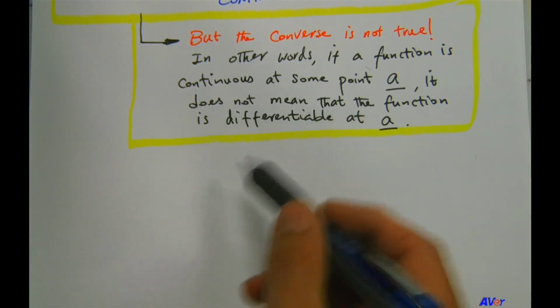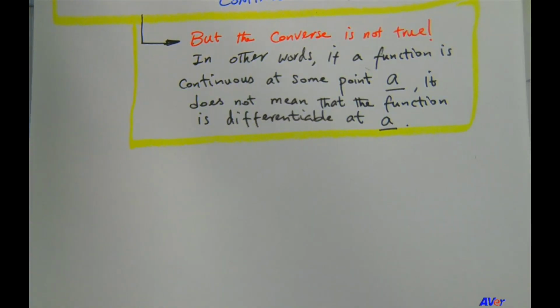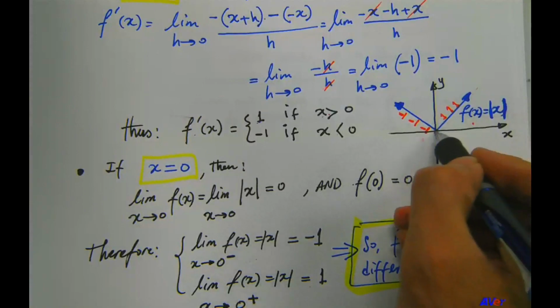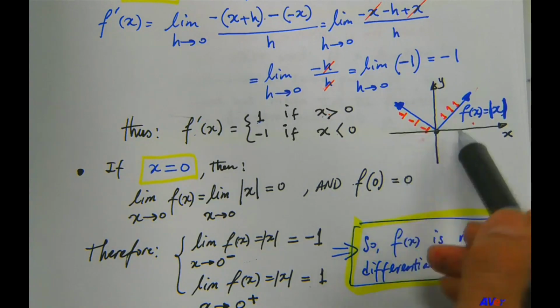So then this brings us to the discussion of where or when a function would not be differentiable, because we just said that given this little graph of the absolute value function, at this point, at x equals 0, the function is not differentiable.